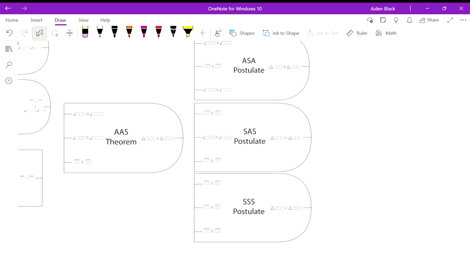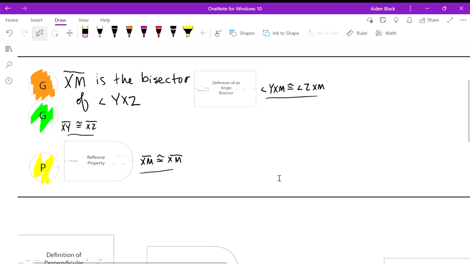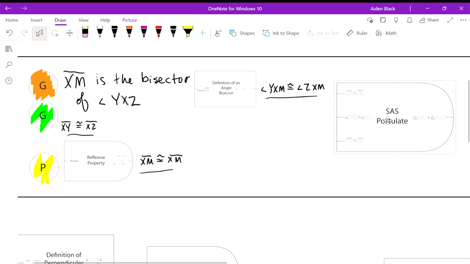Say it. That's right, SAS. Side, angle, side. So we'll copy, paste. This is our end goal, and we have sufficient means to go with it.